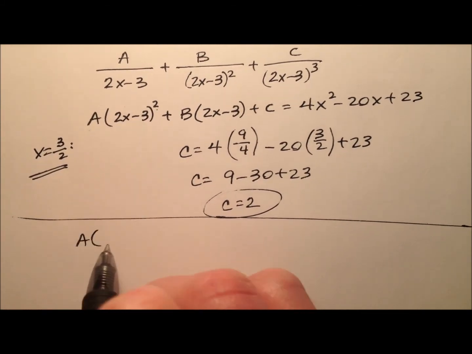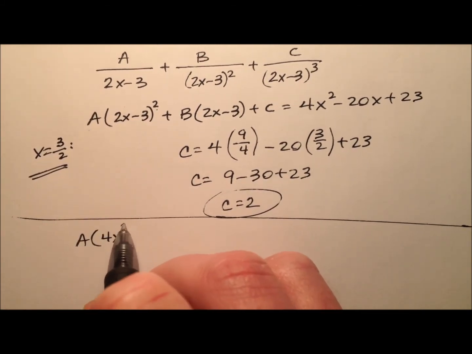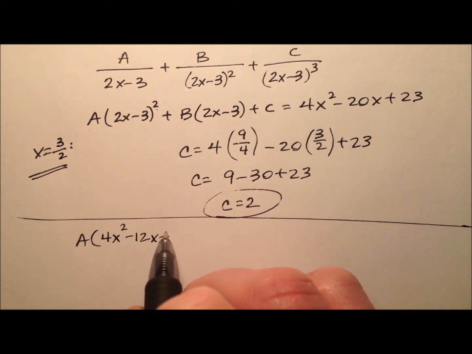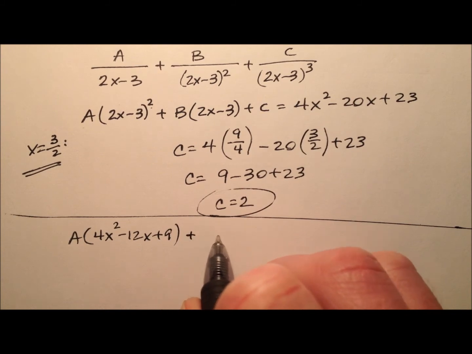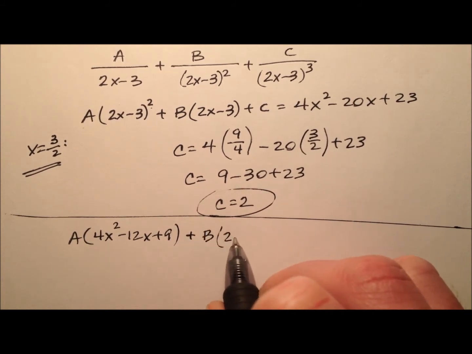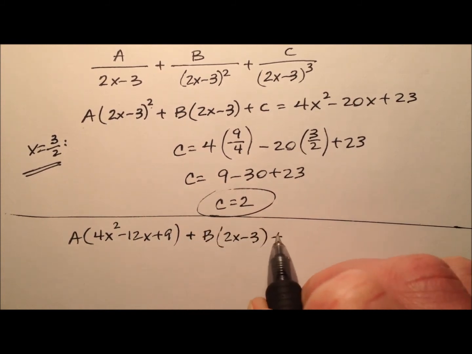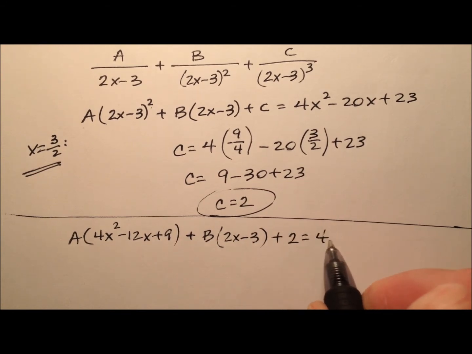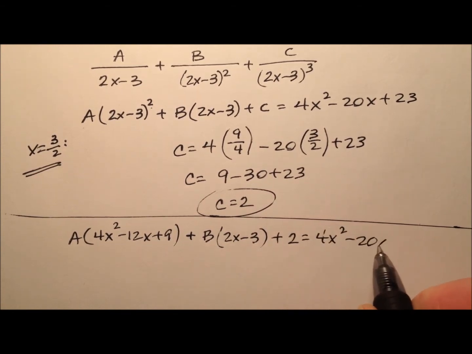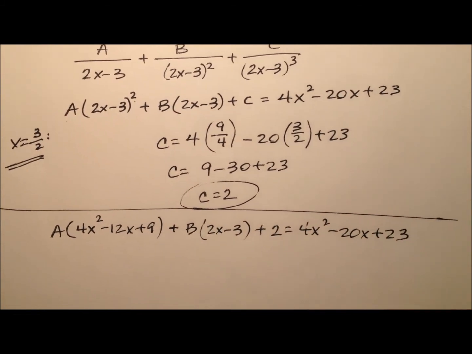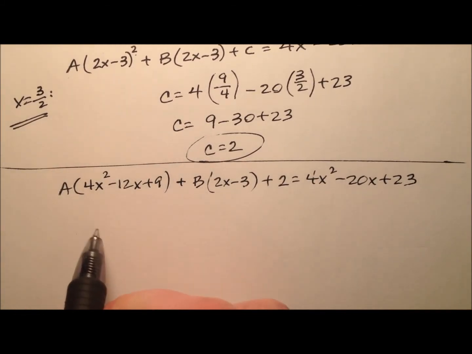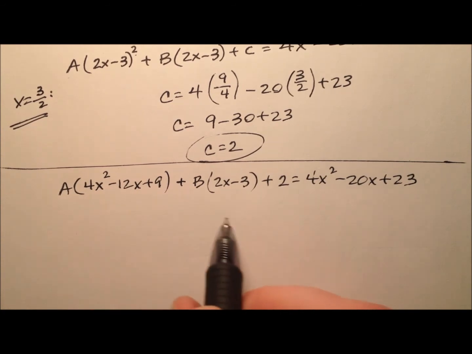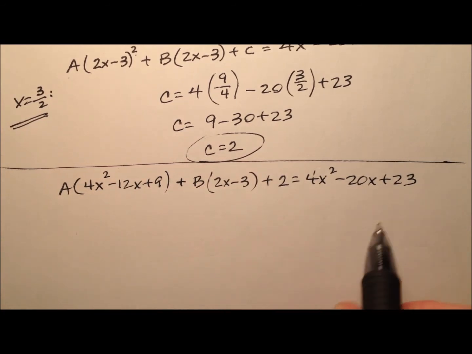So I have a times 4x squared minus 12x plus 9, and then b times 2x minus 3, plus my c, which is 2, and that equals that stuff right there. I'm going to put my quadratic terms here, my linear terms here, my constants here.